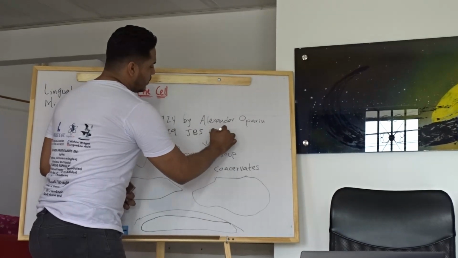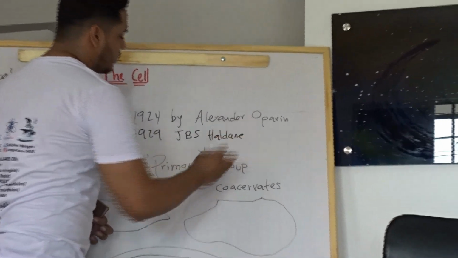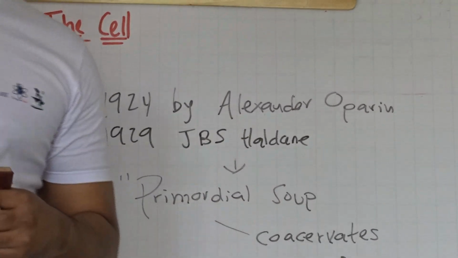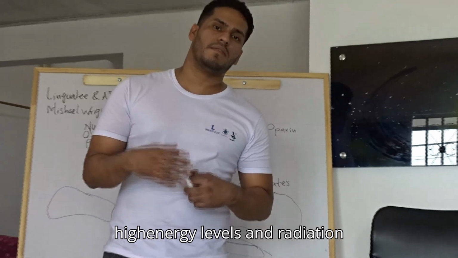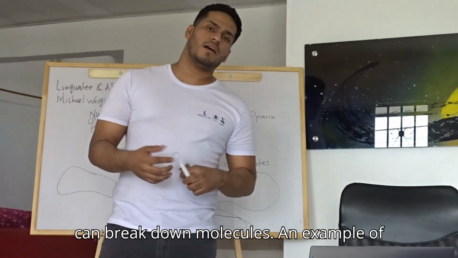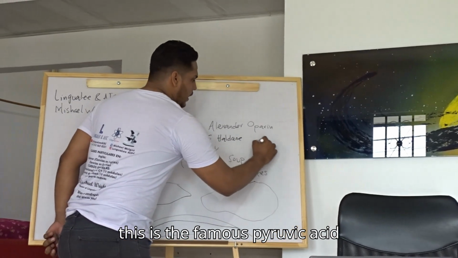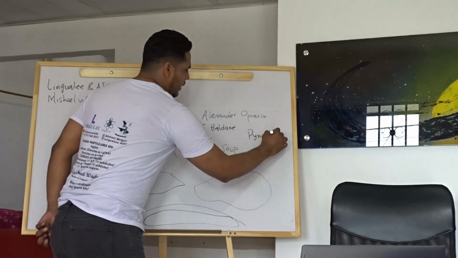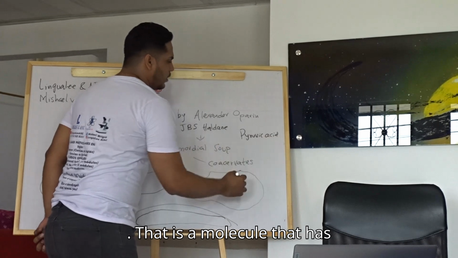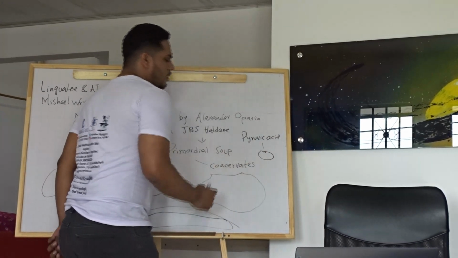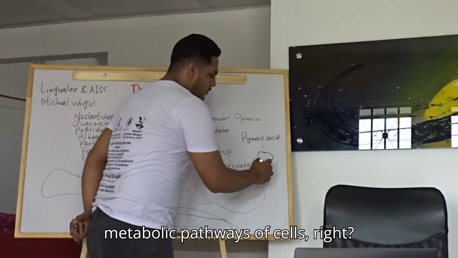However, in 1929, J.B.S. Haldane sharpened this theory. It has been demonstrated that high energy levels of radiation can break down molecules. An example is the famous pyruvic acid, a molecule that participates in the metabolic pathways of cells.